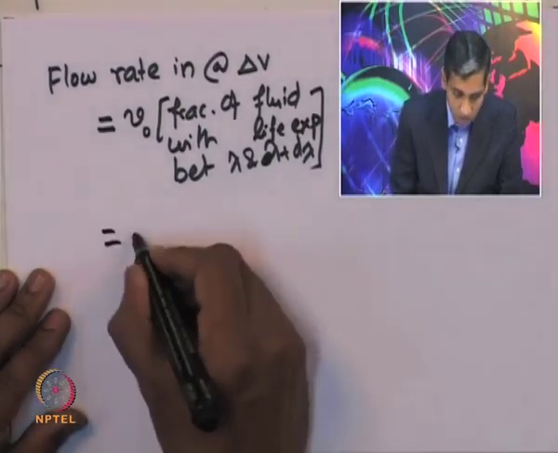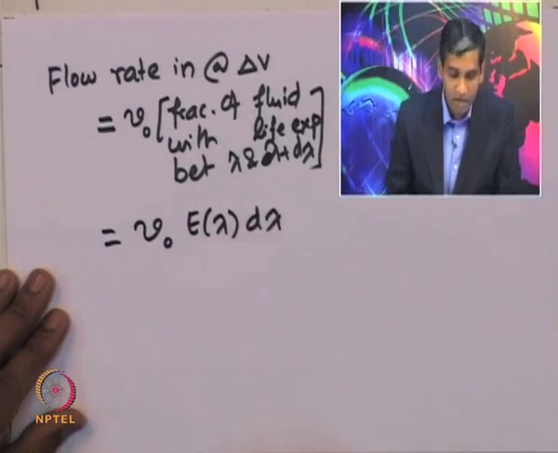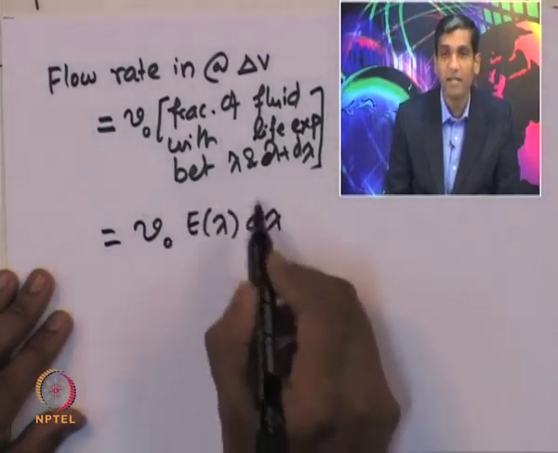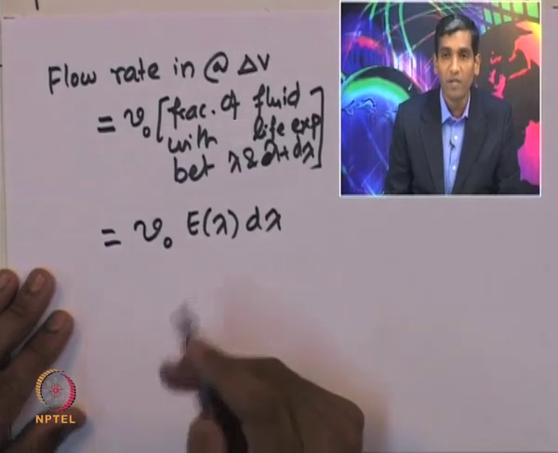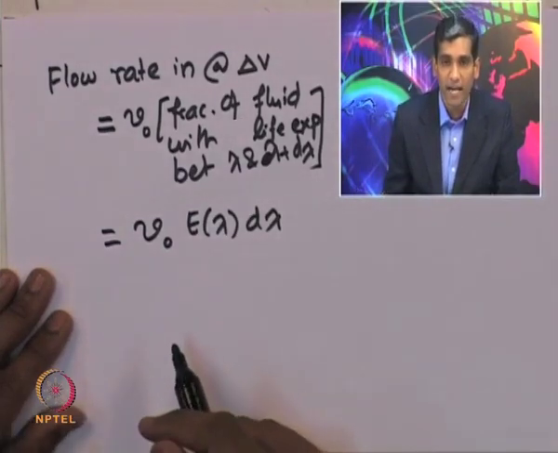So, that is equal to V naught multiplied by the corresponding E lambda times d lambda, where E lambda is essentially the RTD function, which gives the residence time distribution of the fluid element inside the reactor.